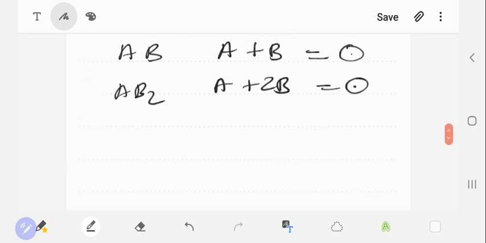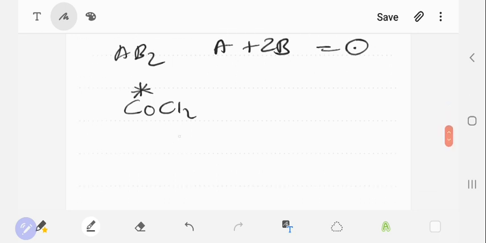Now I am talking about cobalt chloride. We don't know about this cobalt, so I am going to calculate cobalt's oxidation number. I will take it as X, and chlorine we know is always -1.